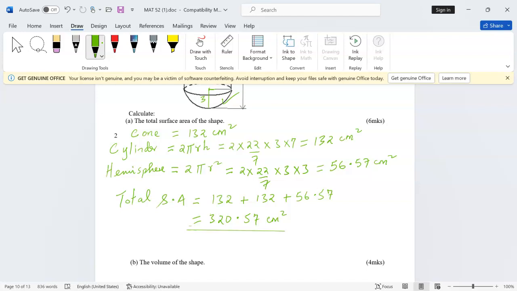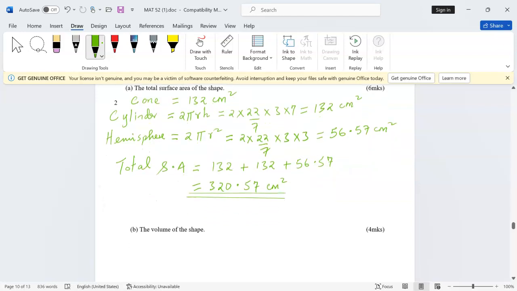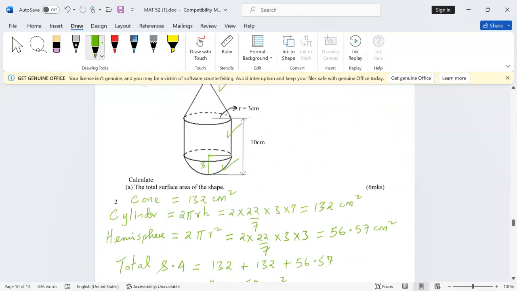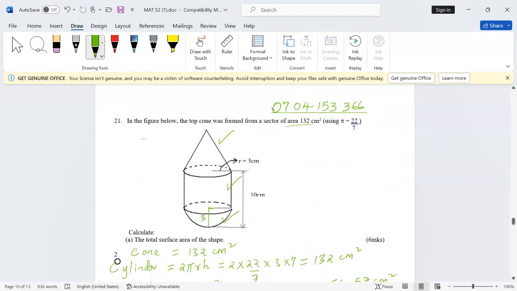We move to part B, where the question is about the volume of the shape. For us to calculate the volume, there is something we need to calculate. The vertical height of the conical top is not given, so let me talk about the height of the top.